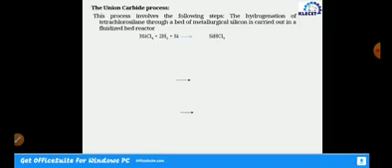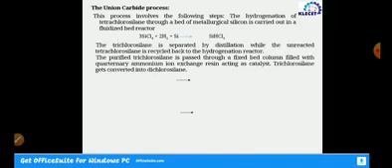With respect to our syllabus, we have the synthesis of solar grade silicon by the Union Carbide process. The first step involves tetrachlorosilane being subjected to hydrogenation on a bed of metallurgical silicon, from which we form trichlorosilane.